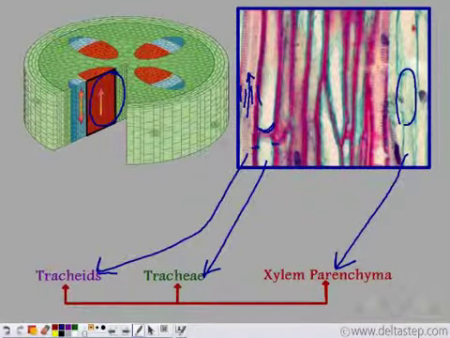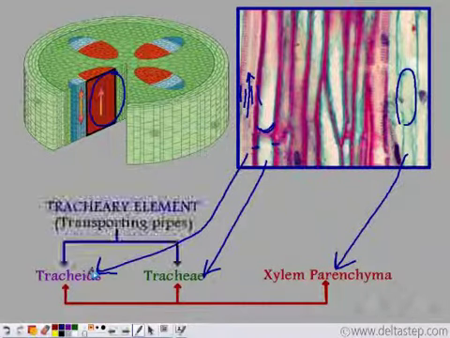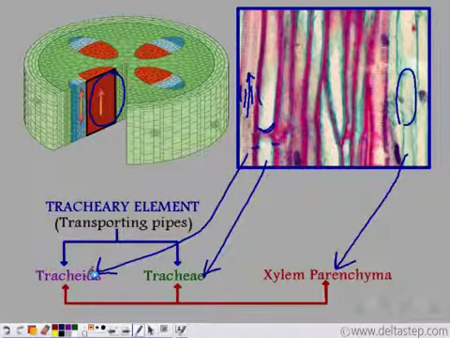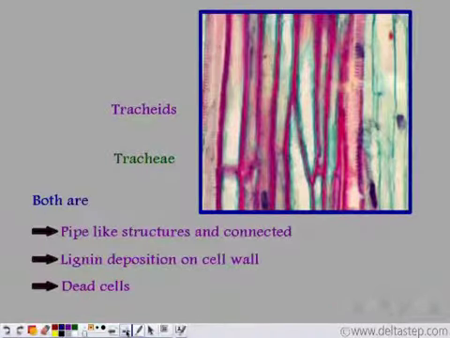Now the tracheids and the trachea together form the tracheary element in the plant. So this is the tracheid and this is the trachea. Now see, both these structures help the plant in conducting water from the roots upwards to the leaf.